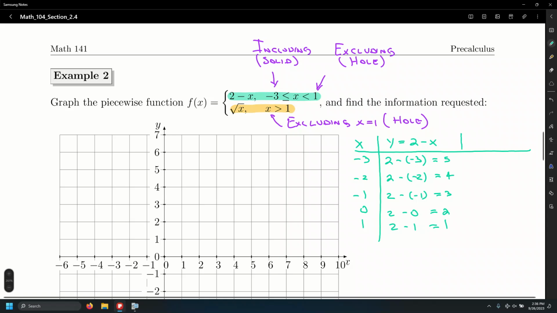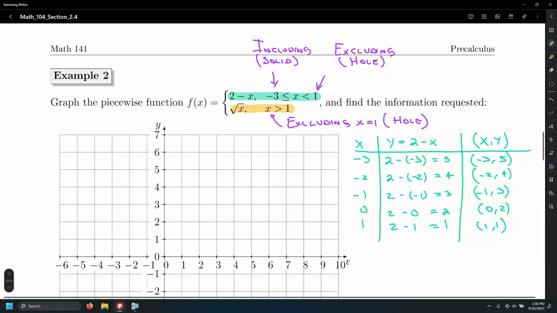Every time you create a table of values, keep in mind that the x's and the y values that we obtain form ordered pairs that we're going to use to plot the graphs of these functions. That is -3, 5; -2, 4; -1, 3; 0, 2; 1, 1. Pretty much all of these points are going to be solid. Solid for x equals -3 because it includes the equal.